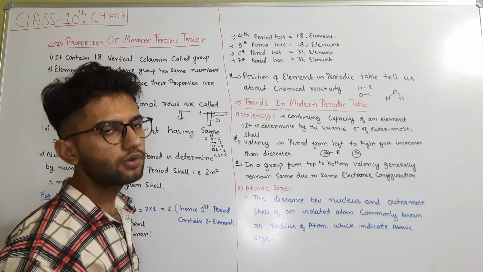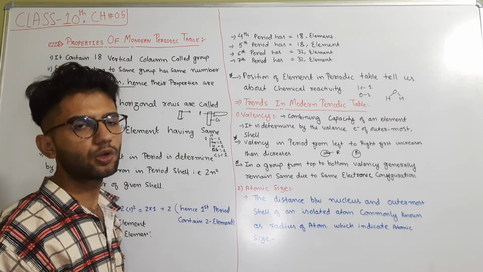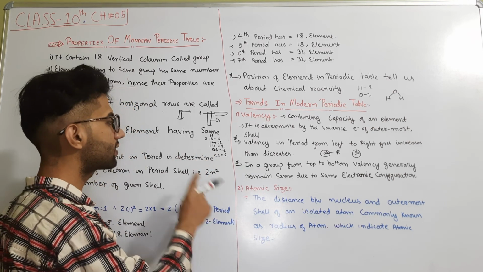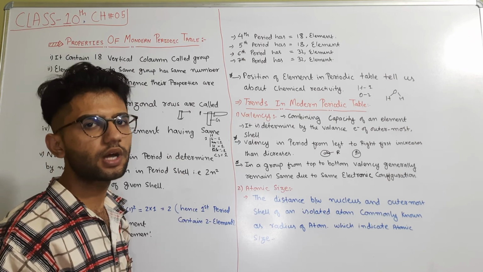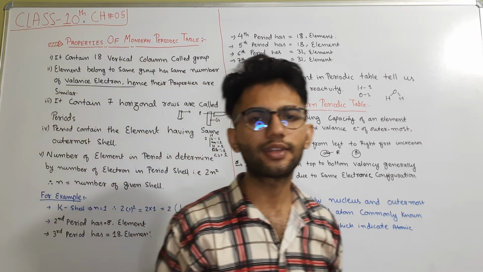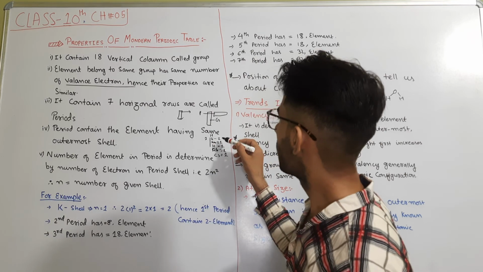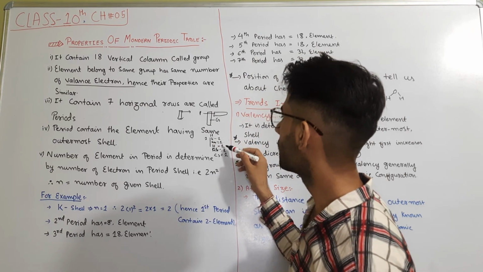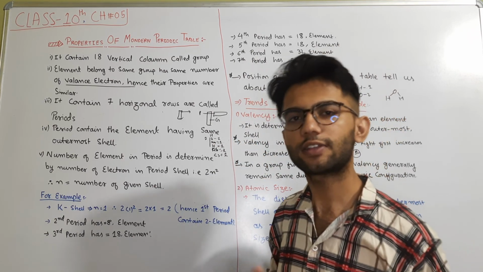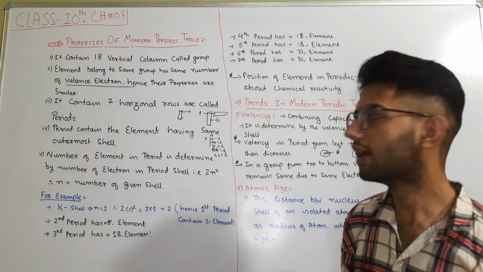So I mean to say that all the elements in the first group have the same number of electrons in the outermost or valence shell. Due to their one electron in the outermost shell, they share the same physical and chemical properties.